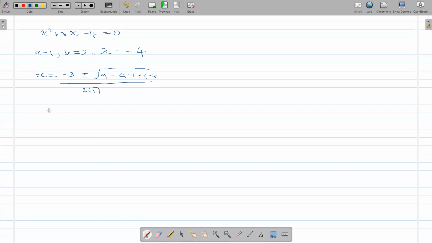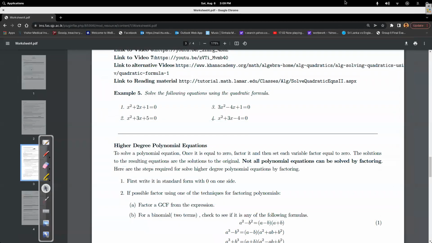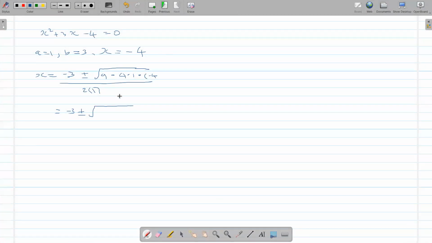So here I get minus 3 plus or minus... is it saying use the quadratic formula or factoring? Quadratic formula, no? Okay. So 9, here minus and minus 16, no? Positive 16 because there are two minuses.